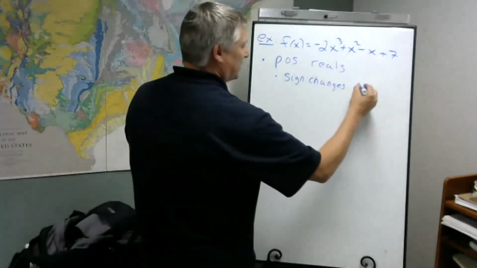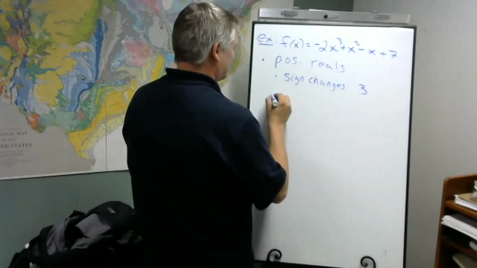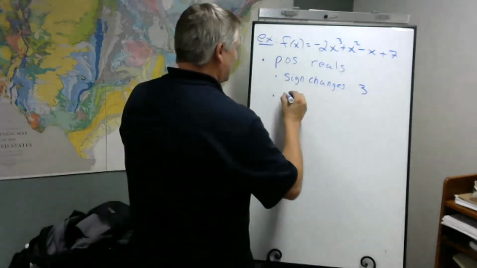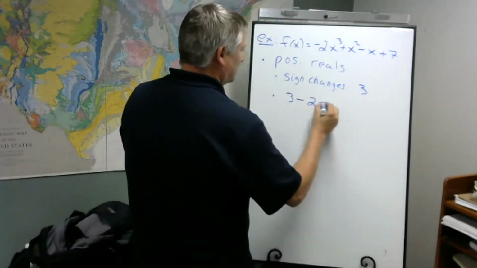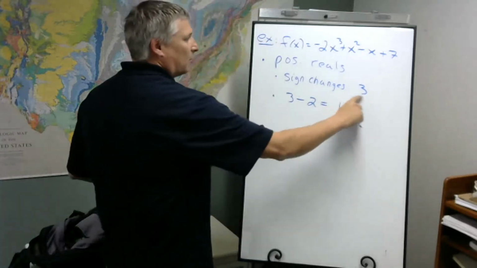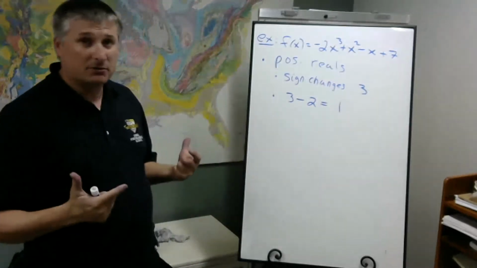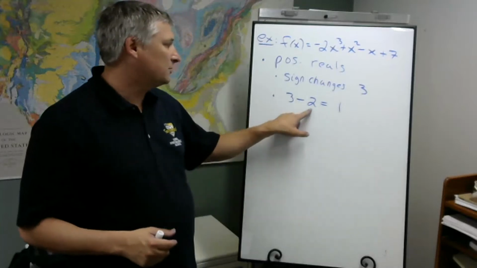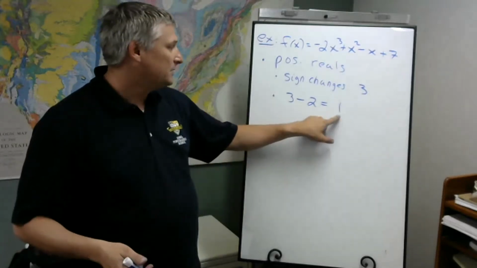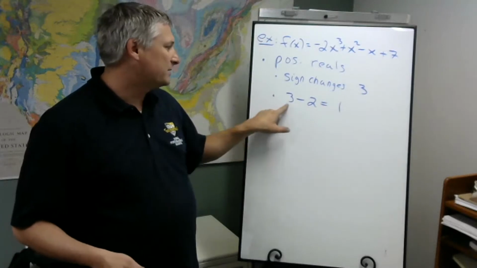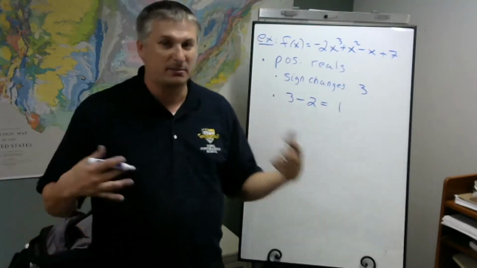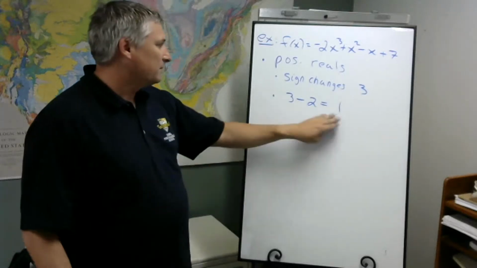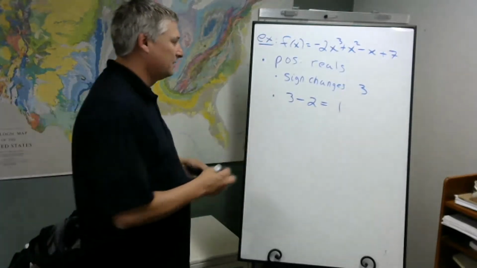So there's 3 sign changes. Also, we could have 3 minus an even number, which is 1. So this tells us one possible number of positive real roots. Another possibility is 3 minus 2, an even number, which is equal to 1. And this is the only even number we could subtract from 3 to not let it become negative.